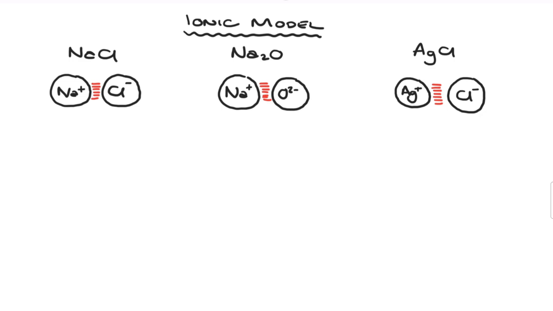We're assuming that all of the interactions are happening in a perfect manner, that there is no covalency between these ions, that they are point charges, and all of the things that we've assumed through GCSE about perfect ionic bonding.